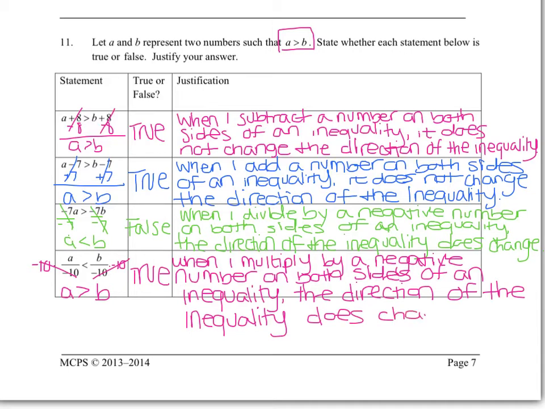So it's important to remember that when you multiply or divide by a negative number, the inequality sign changes. And that's one of the properties of inequalities that we studied this year.